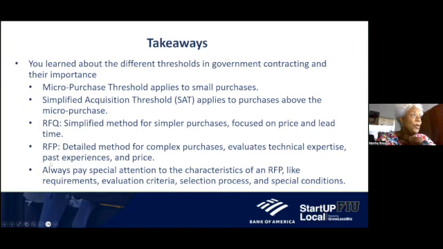And then the RFP is always detailed for complex purchases. It evaluates your technical expertise, and as you can see, price is always the last one. So technical expertise and past experience. That's why in an RFP you would always find, as part of the special conditions, a reference page.